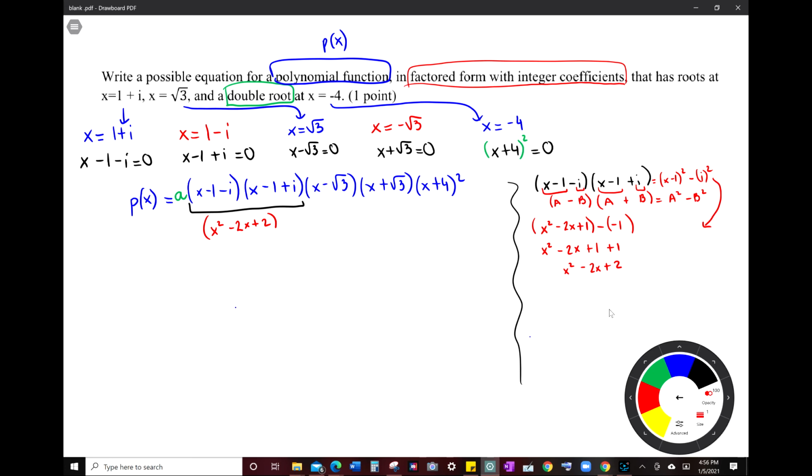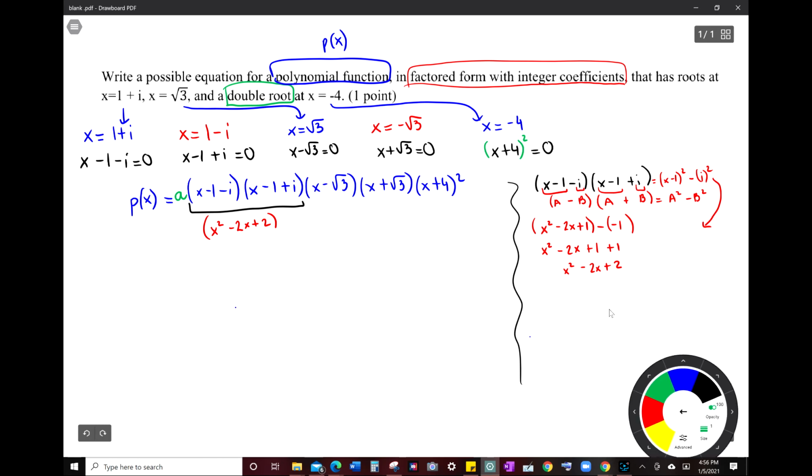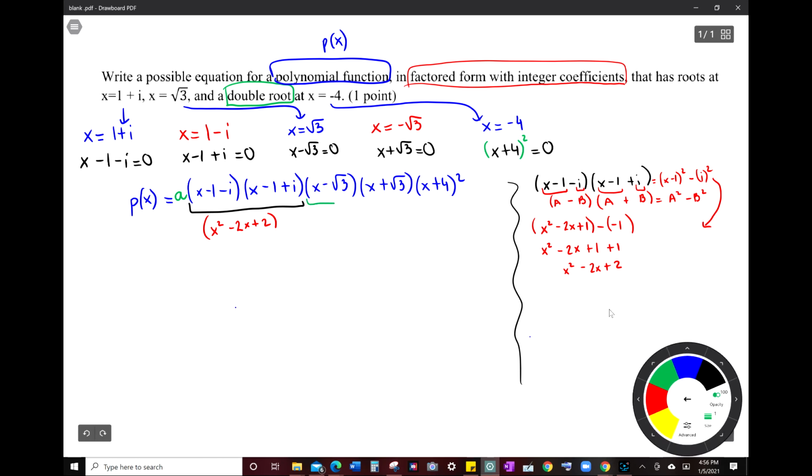Alright, and then next, I'll apply the same method right here. I have x minus square root 3 and x plus square root 3. I have A minus B times A plus B, and it also gives me A squared minus B squared.